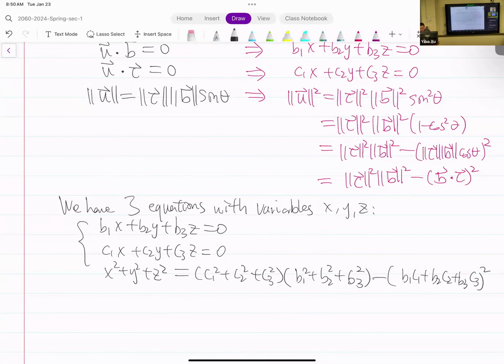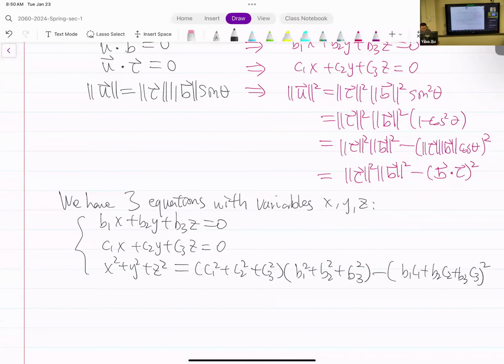Okay, so equations 1 and 2 are simple enough. Equation 3 is a little bit more complicated, especially on the right-hand side. So the third equation is equivalent to the following.